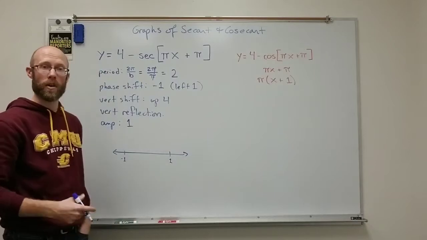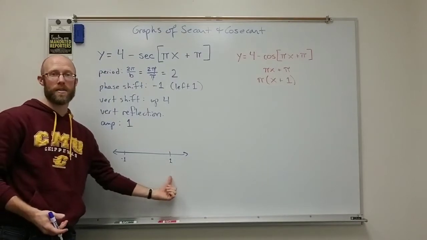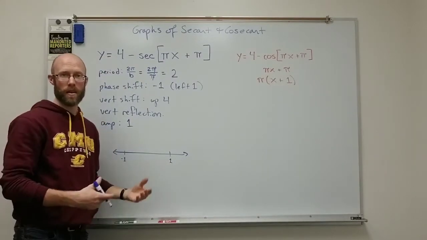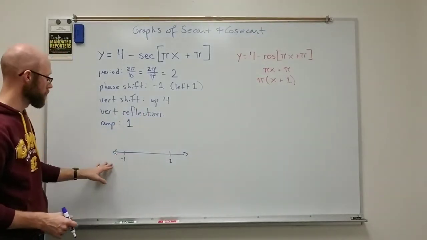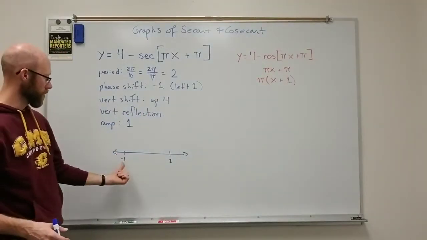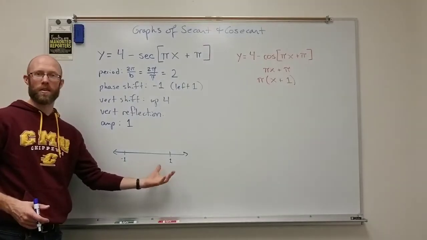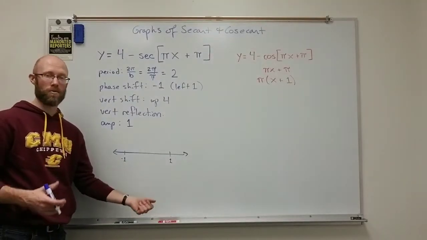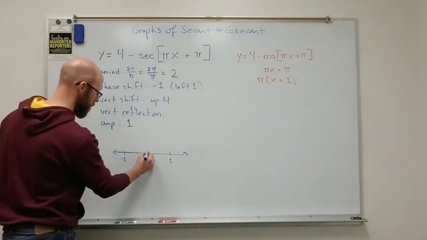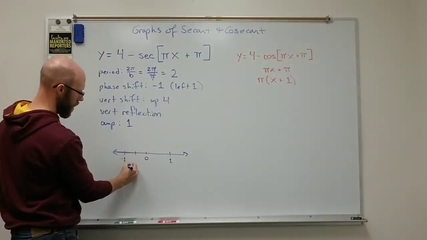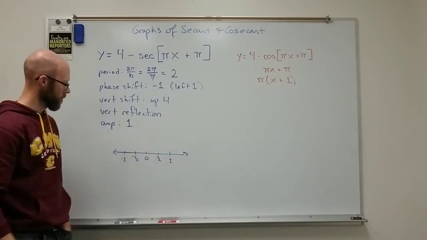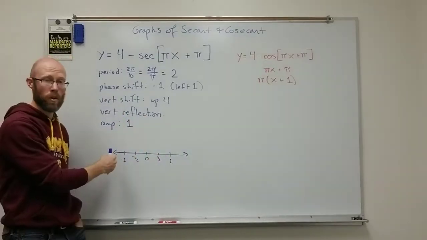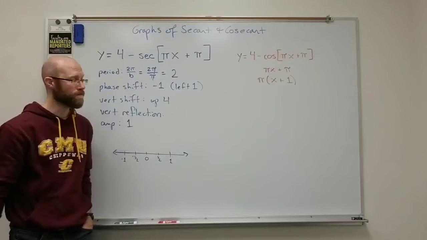This is actually going to work out nicely because I don't have any pi's on the x-axis. My divisions are all integers. And -1 to 1, that's going to be a pretty simple interval to chop up. So halfway in between is 0, halfway over here is -1/2, and halfway to the right is +1/2. So those are my 5 key points: -1, -1/2, 0, 1/2, and 1.